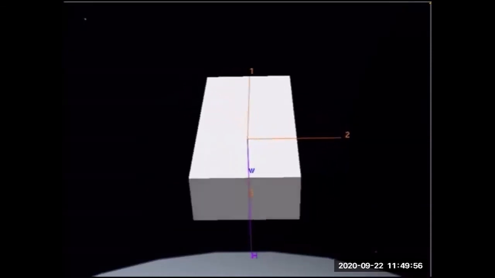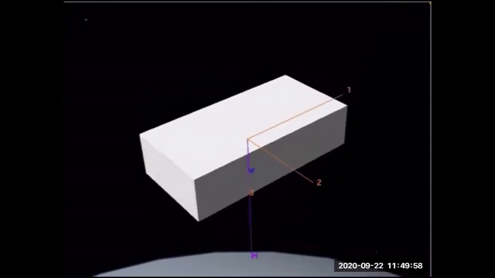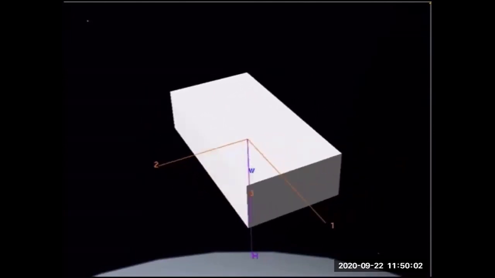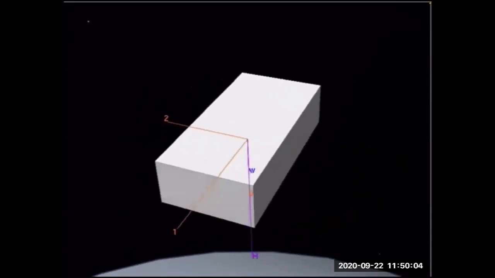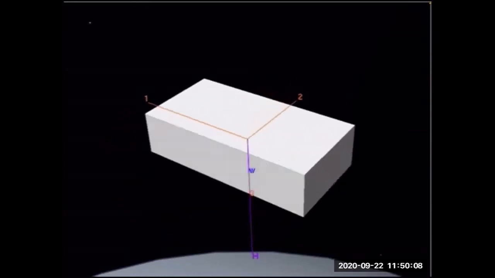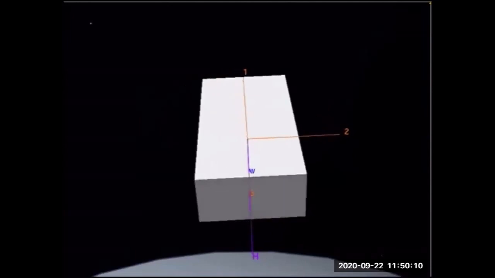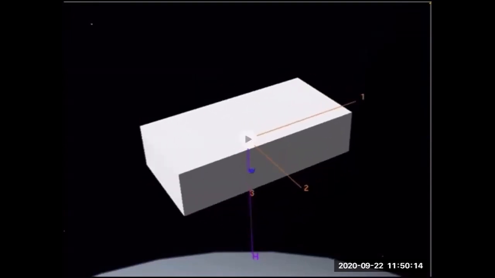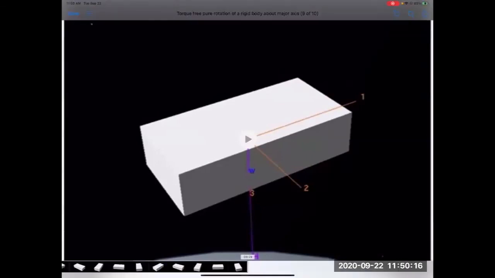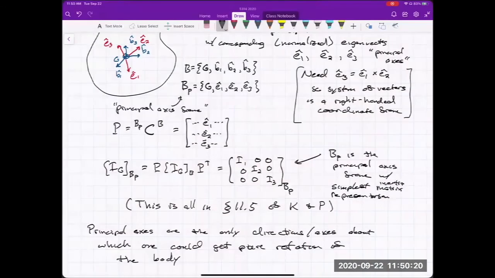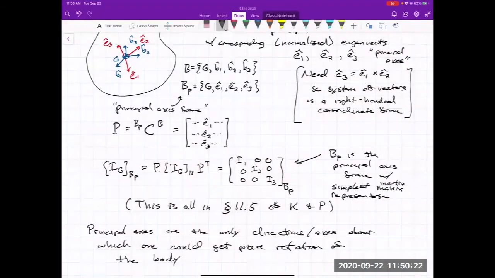If you get this thing spinning initially about one of its principal axes, you can get pure rotation about that axis. If you start something off spinning about a direction that is not a principal axis, you will get what looks like tumbling and other types of motion. But we'll be talking about that more later. I just wanted to give you a preview of the physical significance of these principal axes.